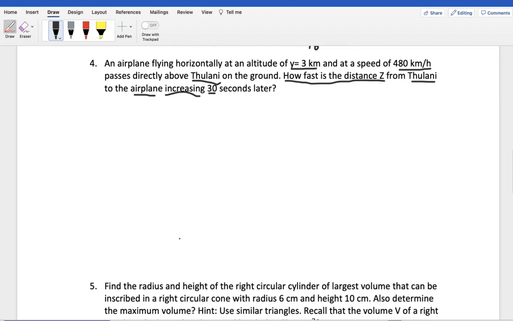So let's try to visualize this. The airplane is somewhere in the air, so let's say that the airplane is represented by our dot here. Now, this person Tulani is somewhere on the ground, so let's say Tulani is somewhere here.